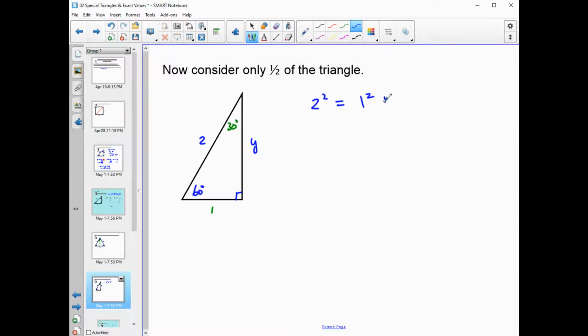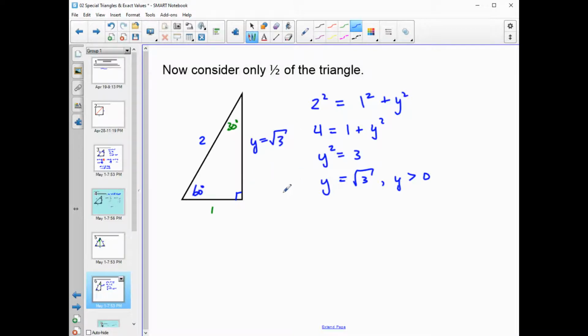So that's 1 squared plus y squared. And so we end up with 4 equals 1 plus y squared, which means y squared itself is equal to 3, or y is the square root of 3. And because in this case y is a dimension, y has to be greater than 0. So this side is the square root of 3.